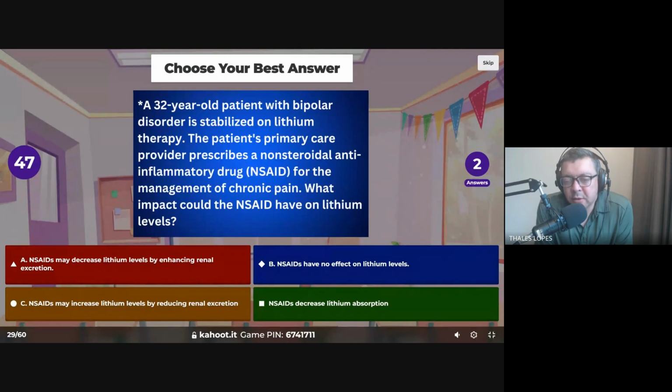So this is a classic one where people would be like, is this an inducer or inhibitor? One that has nothing to do with inducer inhibitor. I know we're talking about NSAIDs, but let's say this was an antibiotic. And then people would go straight to inducers and inhibitors, but this has nothing to do with that. Okay? So pay attention.